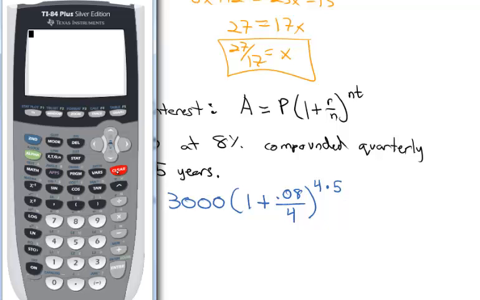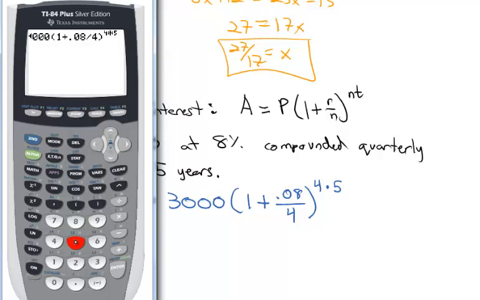To plug it into our calculator, we'll type it just like it looks, with one minor exception. We've got 3,000 parentheses 1 plus 0.08 divided by 4, close the parentheses. And when we raise to an exponent, some calculators will take you into the exponent, like the TI-84 here did, and we can say 4 times 5 up in the exponent.